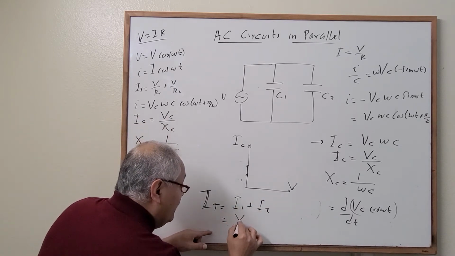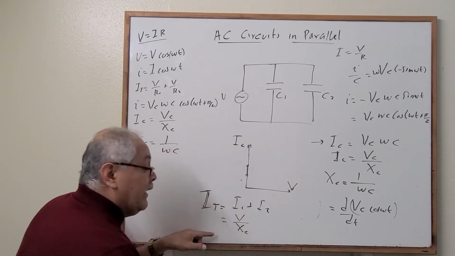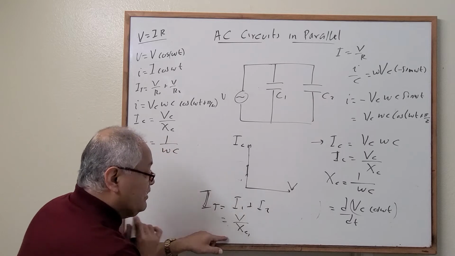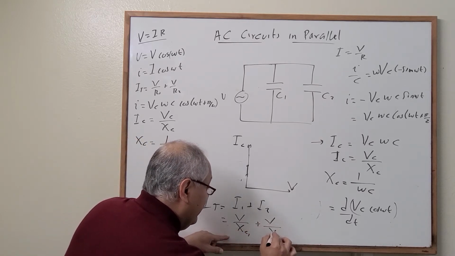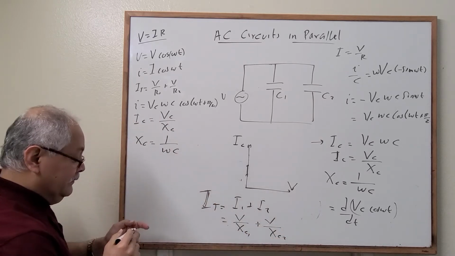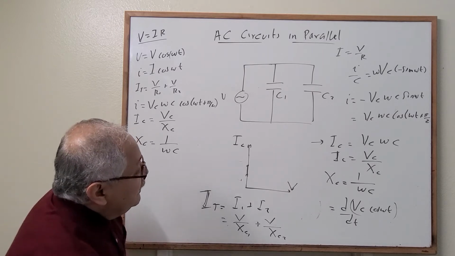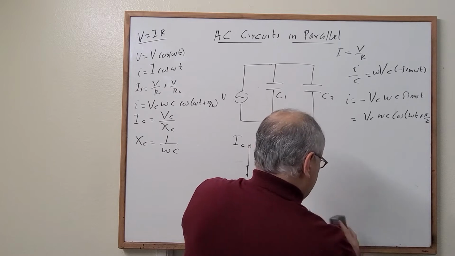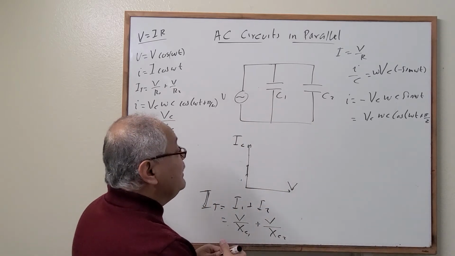And what is current 1? Okay, voltage over the reactance of capacitor 1 plus voltage over the reactance of capacitor 2. Right, and again, similar to this case, we have the phasor diagram, now using current in this way.